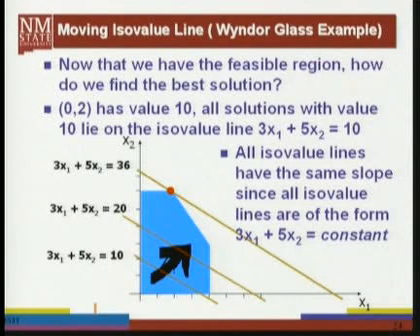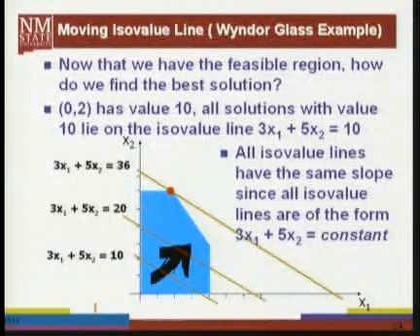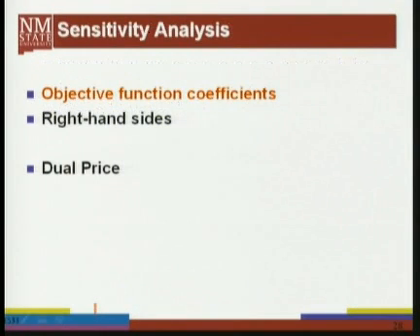Okay, now then let's talk about the graphical explanation of sensitivity analysis. And first, let's suppose we'd like to know the effect of a change in an objective function coefficient, which means we'd like to know the effect of a change in the slope of the objective function. Okay?